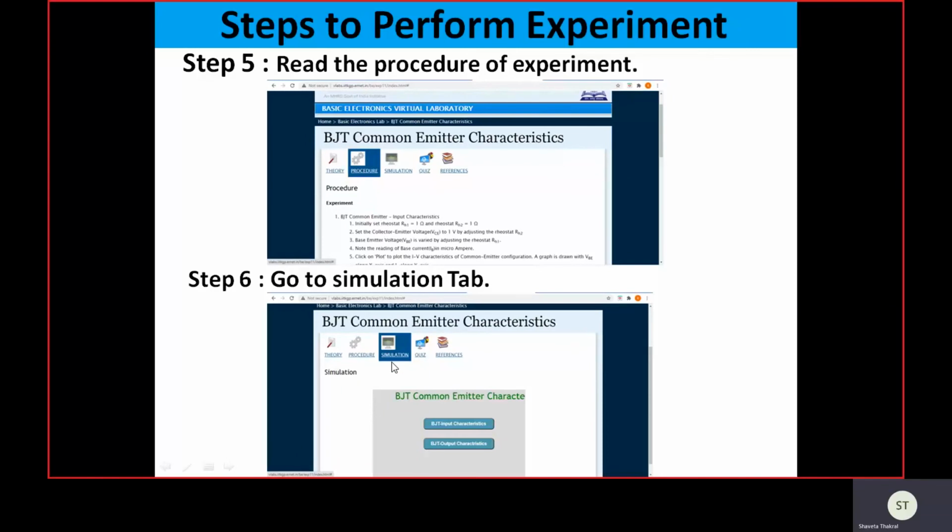Then we can go to the simulation tab, and in the simulation tab we have two parts. One is the BJT input characteristics and the other is the BJT output characteristics. So in step number 7 we can go for the simulation of BJT input characteristics, and in step number 8 we can go for the simulation of BJT output characteristics.